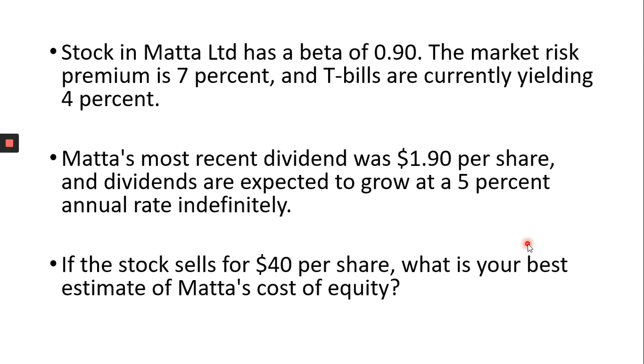The risk premium means the extra return you get for taking extra risk, because if you invest in companies apart from government bonds or government securities, there is some sort of risk attached. Some companies are less risky, some more risky. In finance we always say higher risk, higher return.